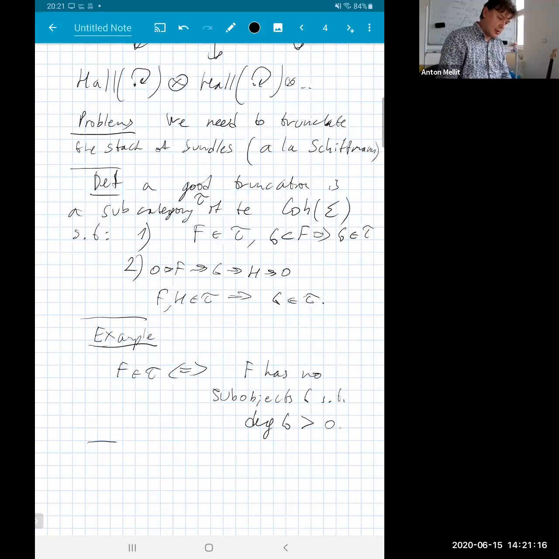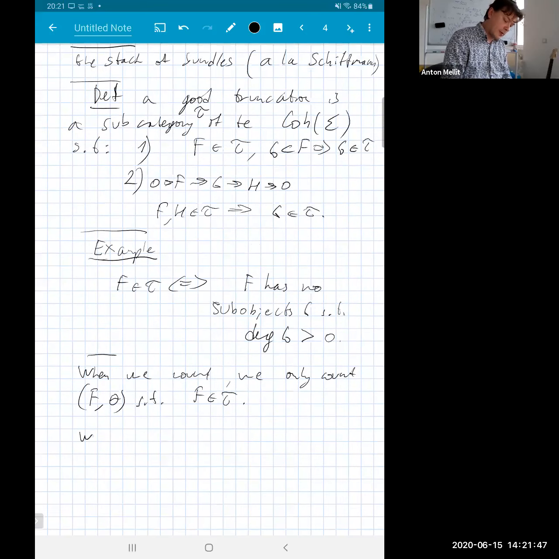And then when we count, we only count objects (F, theta) such that F is in tau.